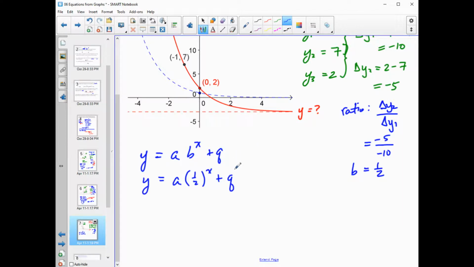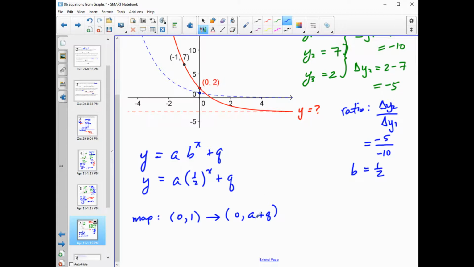This might be a situation where you decide you want to make use of that mapping rule. The mapping rule tells us that the y-intercept went from 0, 1 to 0, a plus q. So that might be pretty convenient. If you sub in the value, it gives you the same result here.